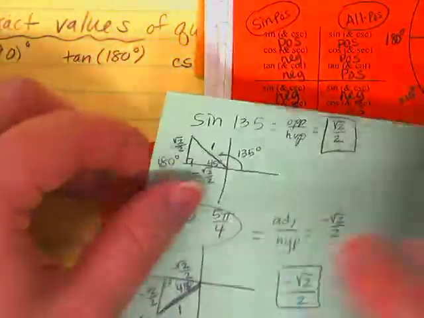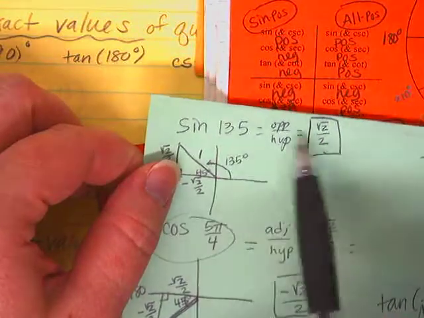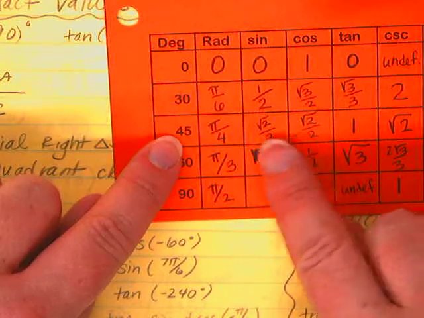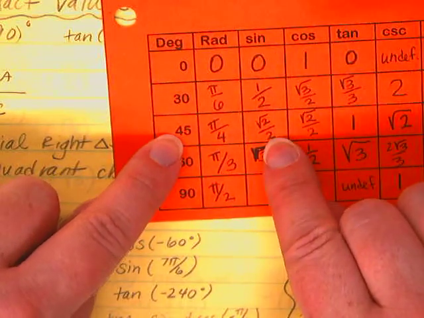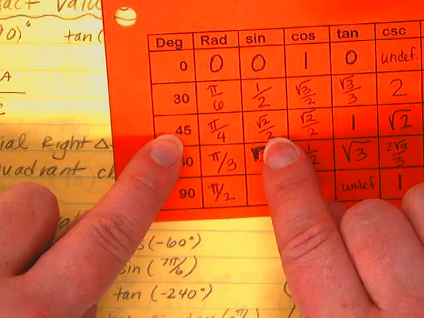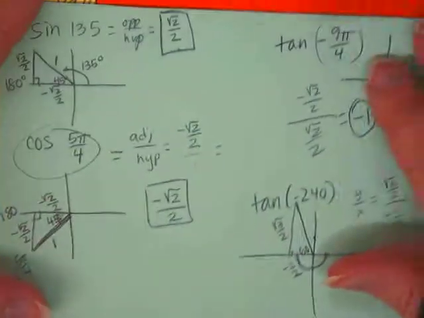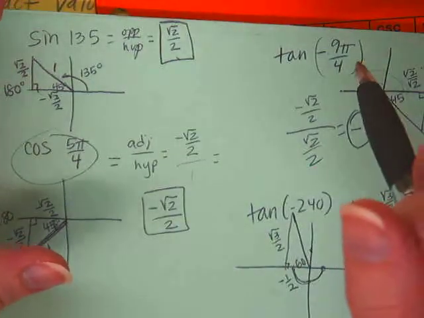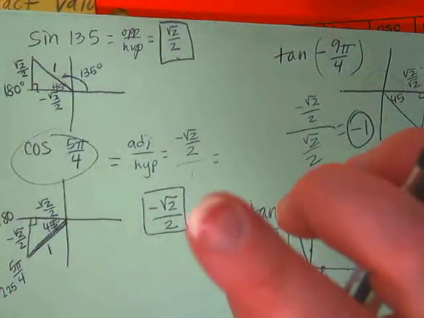So in the second quadrant, we know that sine is positive. So even though we're finding an angle in the second quadrant, sine is going to be the same as the answer for sine of 45, which is square root of 2 over 2. And it's going to be positive because it's in the second quadrant.